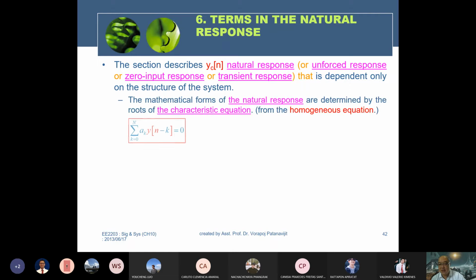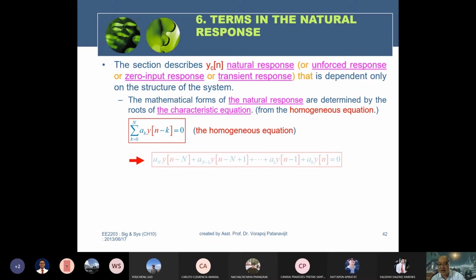The mathematical form of the natural response is determined by the roots of the characteristic equation from the homogeneous equation. You know that. Yc you can determine from this difference equation, from the homogeneous equation, by setting the non-y term to be 0, and you can determine the characteristic equation and solve it.